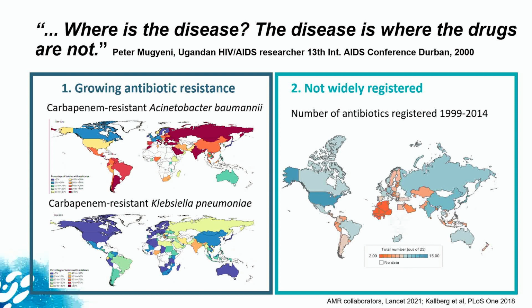But the right-hand side shows where antibiotics are registered, in other words, where they're accessible to people. And unfortunately, the colours are the other way round. The hot colours show where they're least accessible. But you can see here that there is an association between where the drugs are least accessible and where there's most resistance. And this is something we need to really think about.